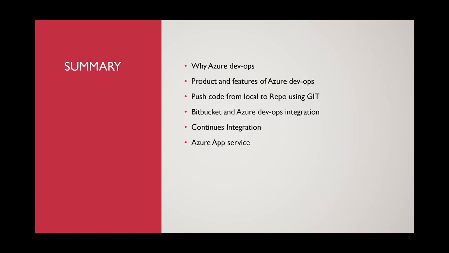We just briefly saw how to set up App Service in Azure. And continuous deployment: we saw how to set up a release pipeline and how to get the artifact from the drop, how to consume the artifact using the release pipeline, how to trigger a CD, and how to deploy to an environment. So as I mentioned before, it's Azure.